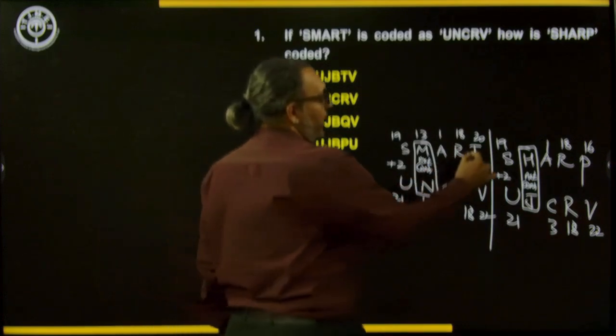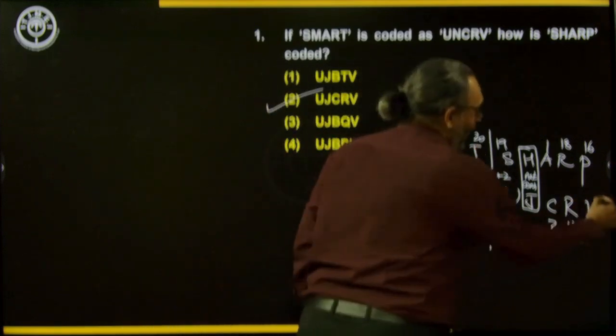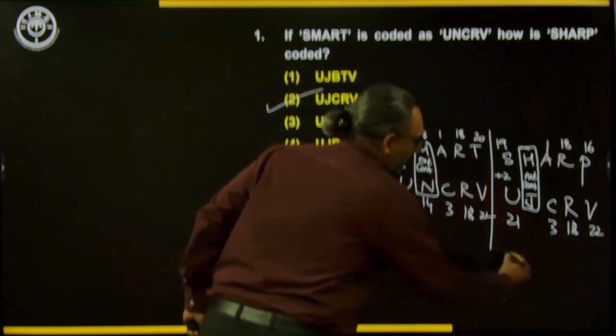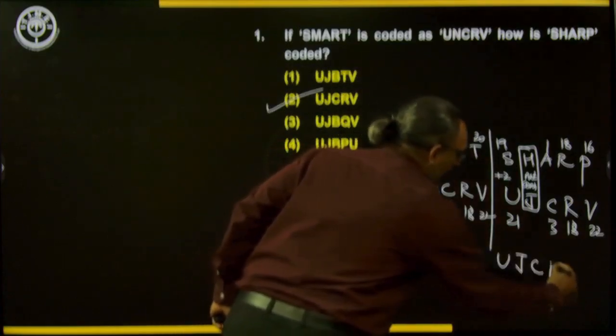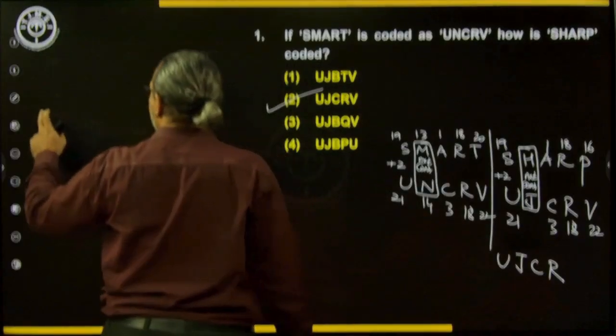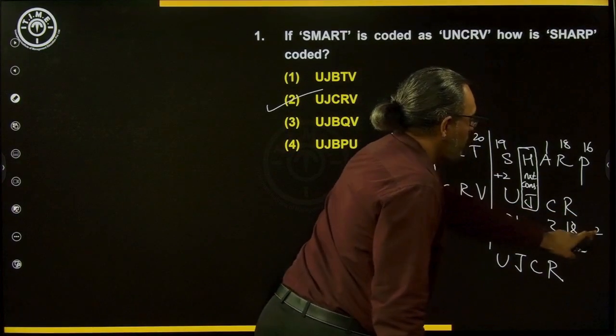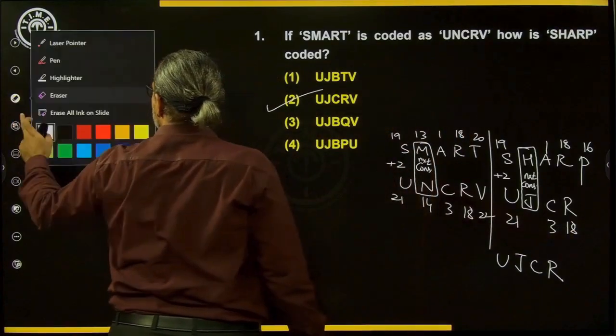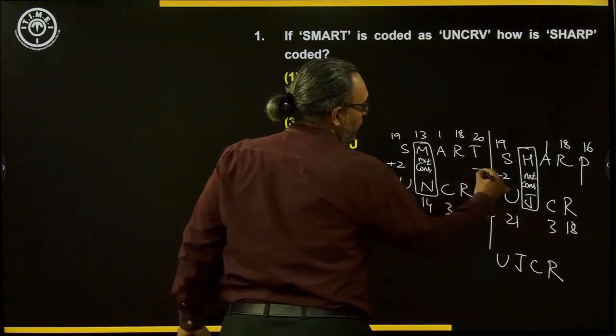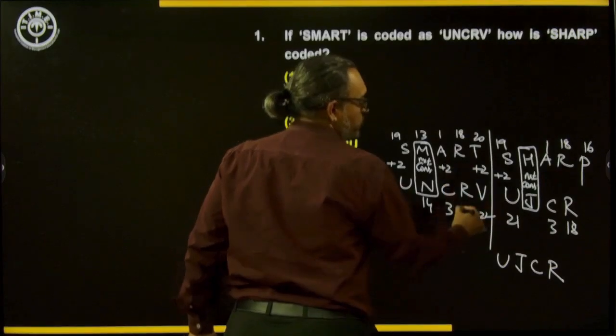But if you look at +2, then you should have R. So you will get UJCR. And then again, I will change this here itself. If I take +2, like I do here +2, here also I am taking +2.